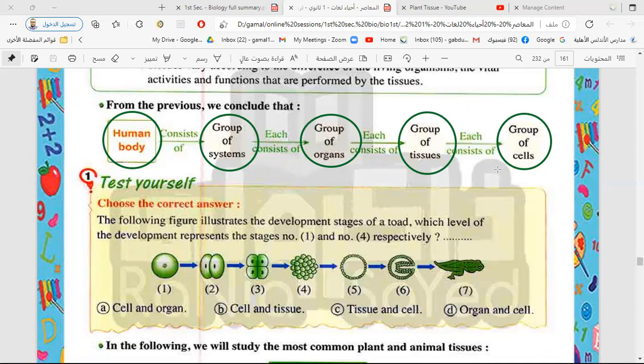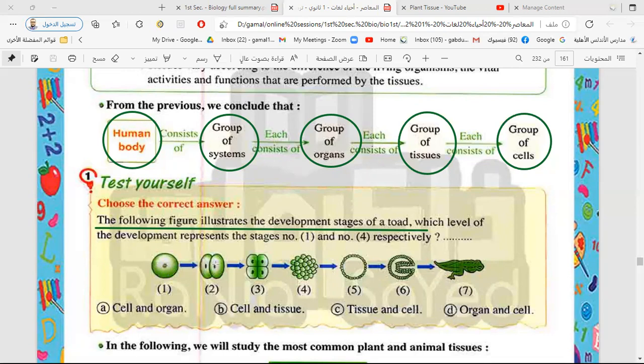Okay, let's now discuss this question together. Here we have a question. It says the following figure illustrates the development stages of a toad. The small frog develops, as you know, like any living organism, starting from one cell only, which is called the zygote.